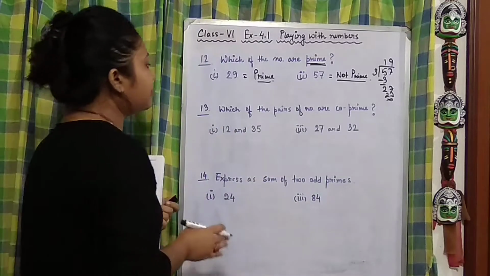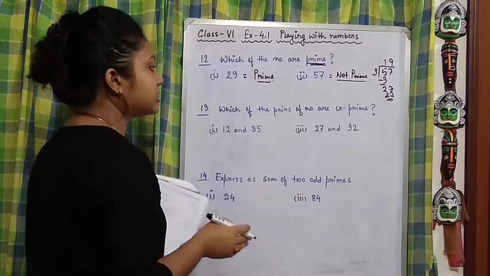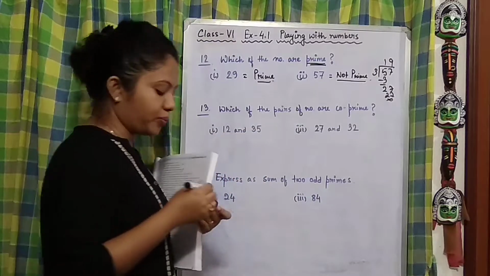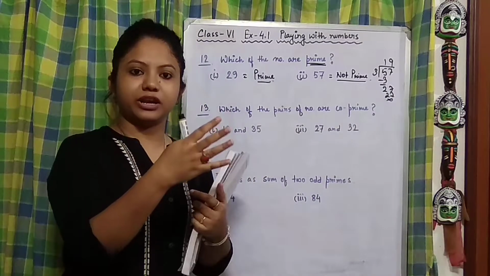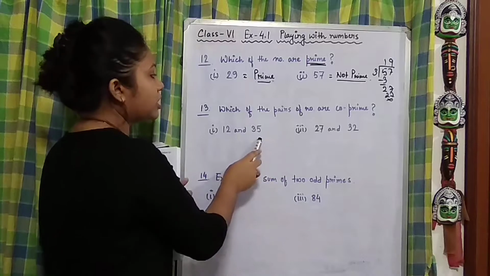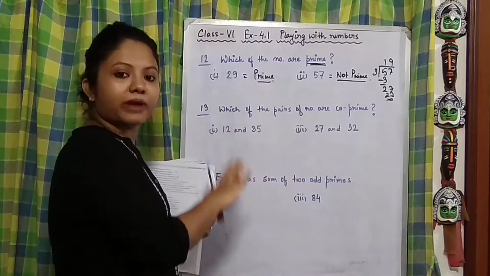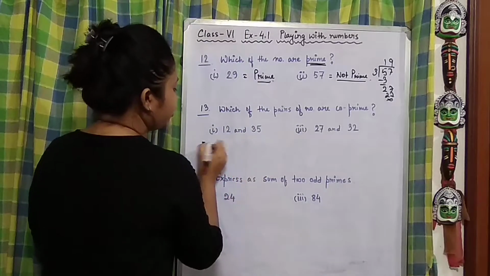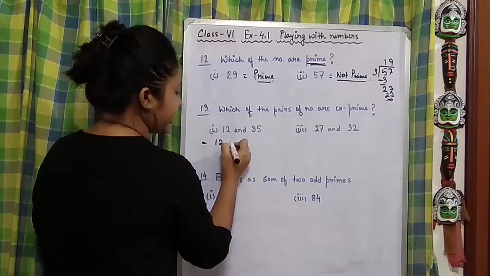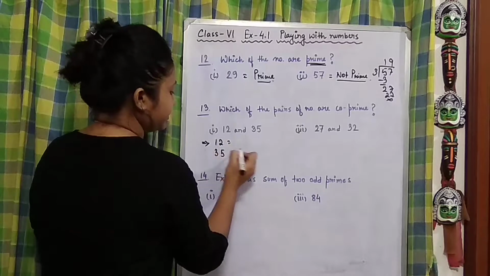Now coming to number 13. Which of the pairs of numbers are co-prime numbers? Now what do we understand by co-prime numbers? Co means two numbers we are comparing. We have to understand whether these two numbers are prime to each other or not. For that, first we have to take out the factors of 12 and 35.